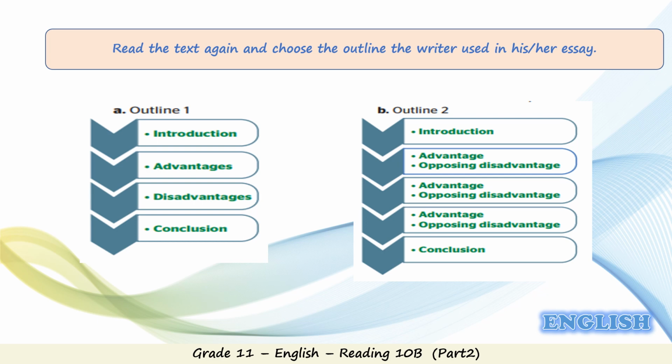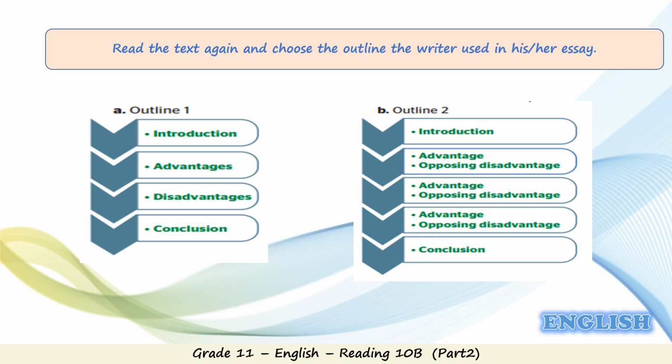You have here 2 outlines. Outline 1 shows that the writer has used full paragraphs: introduction, advantages, disadvantages, and conclusion. While outline 2 shows that the writer has used 5 paragraphs. The introduction first, and then in paragraphs 2, 3, and 4, he has mentioned an advantage and an opposing disadvantage in each.